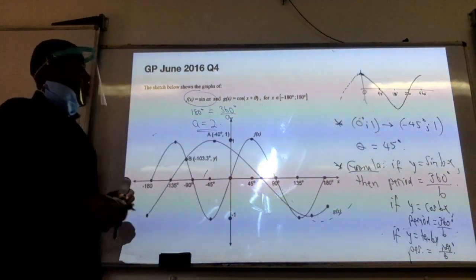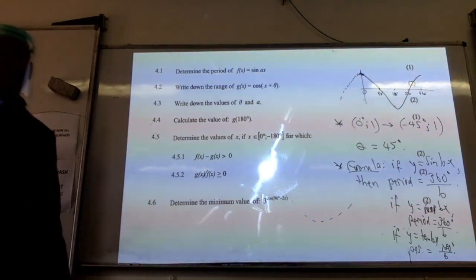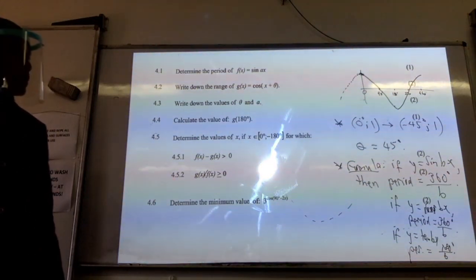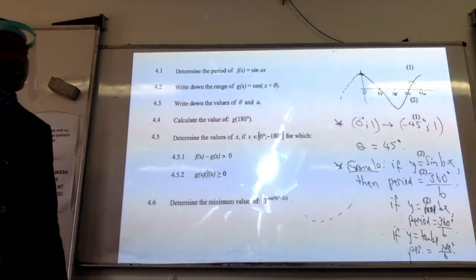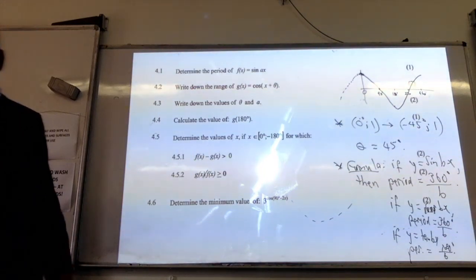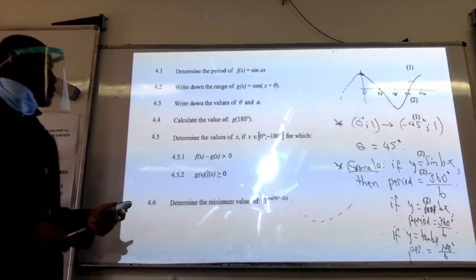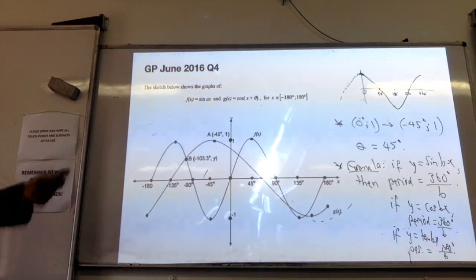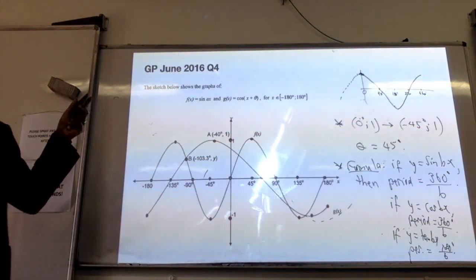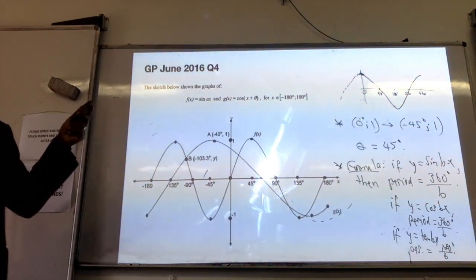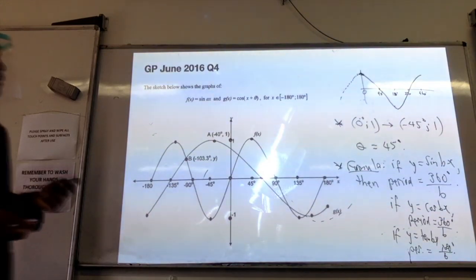All right. Calculate the value of g of 180 degrees. That's a good question. What do we mean g of 180 degrees? x is equal to 180. That means we go to function g, and wherever there is x, what do we put? 180.